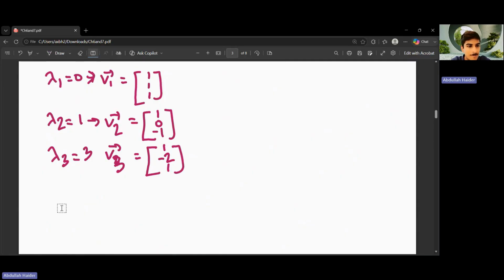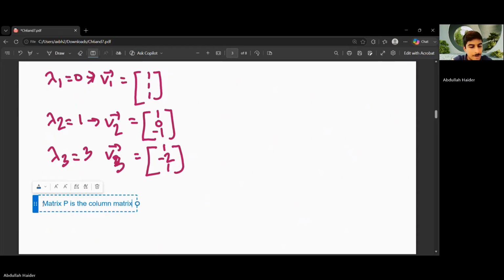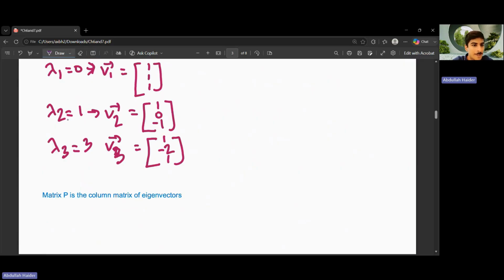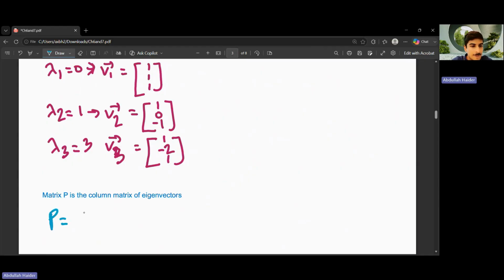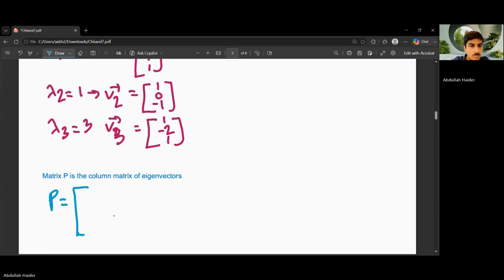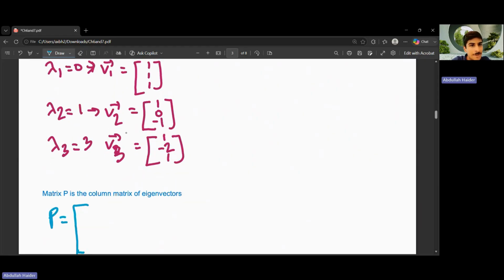Your matrix P is the column matrix of eigenvectors. So matrix P is the column matrix of your eigenvectors, meaning you substitute your eigenvectors as they are into P as columns.